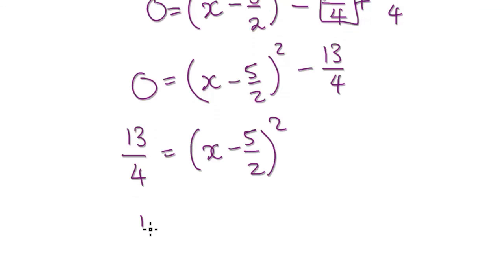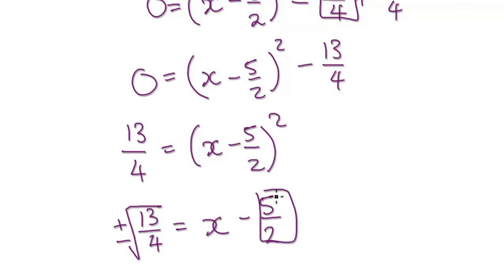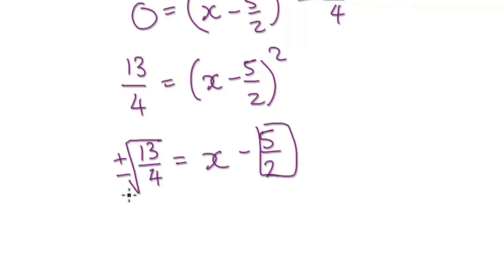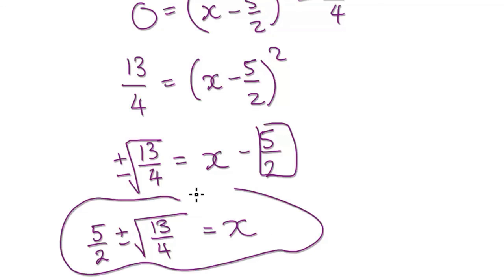So that would be this thing here, and then we would add this thing to both sides. So that would give us 5 over 2 plus minus root 13 over 4 equals x. So this here would be our answer. Okay.